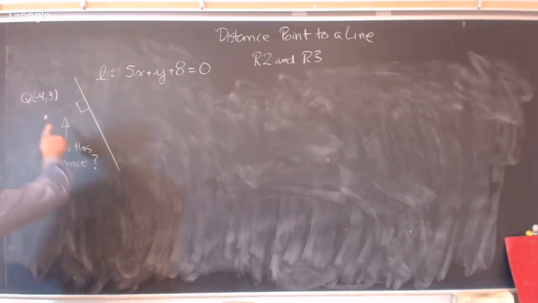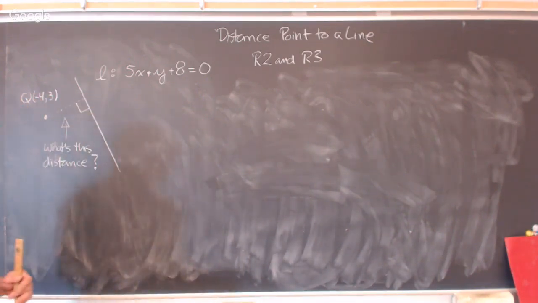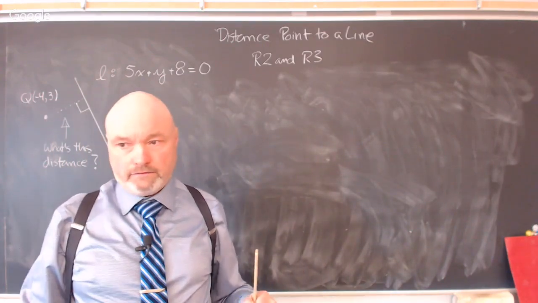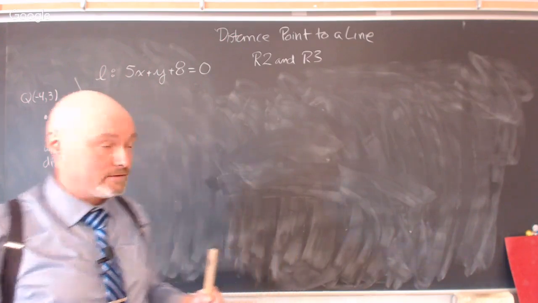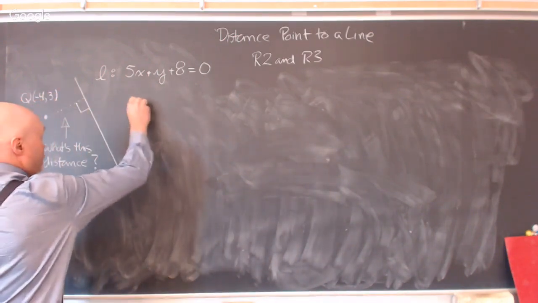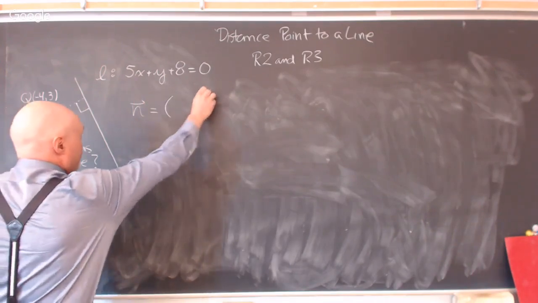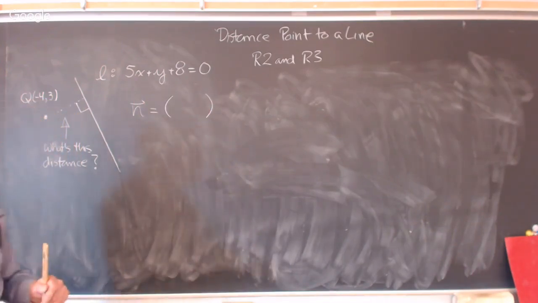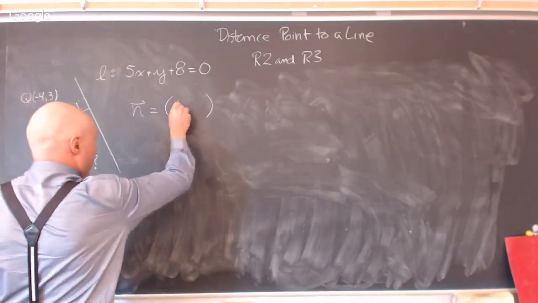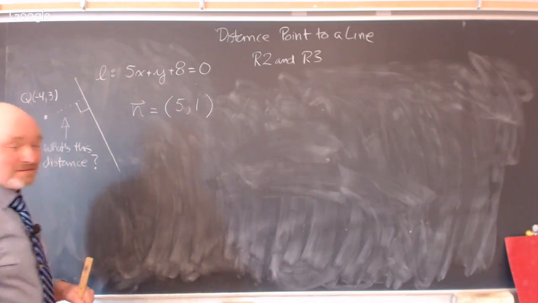Okay. What's nice is this is a perpendicular distance, and so that's related to which vector? The normal vector. Yes, the normal or orthogonal vector. This is in scalar form. Who can tell me a normal vector to this line? If you said (5, 1), that's right.